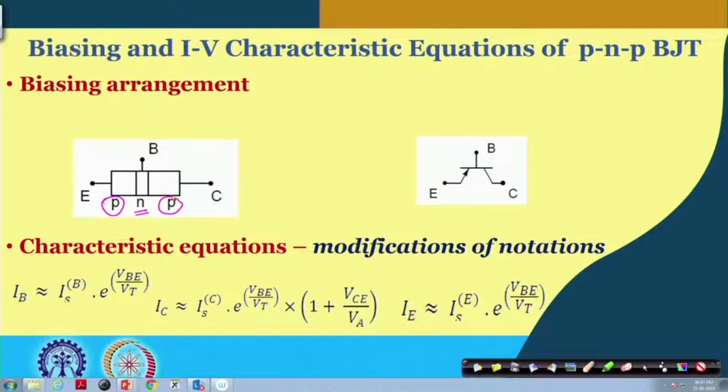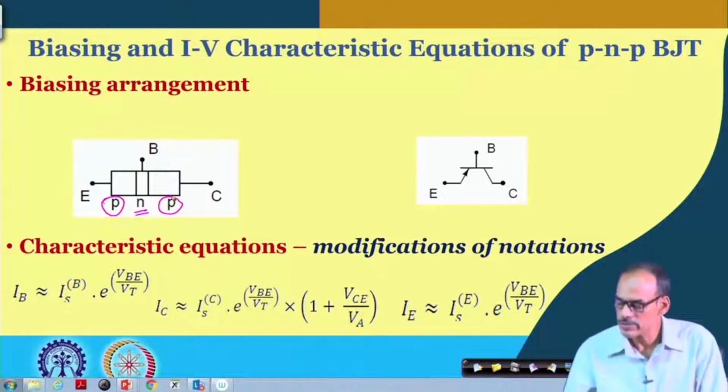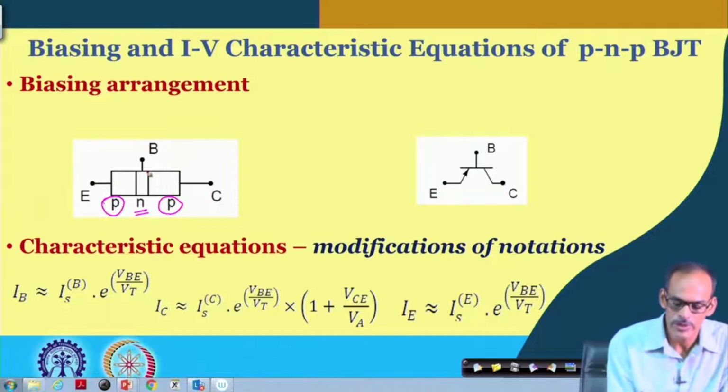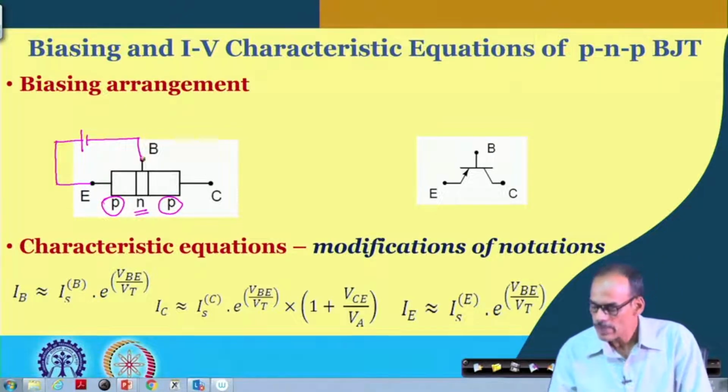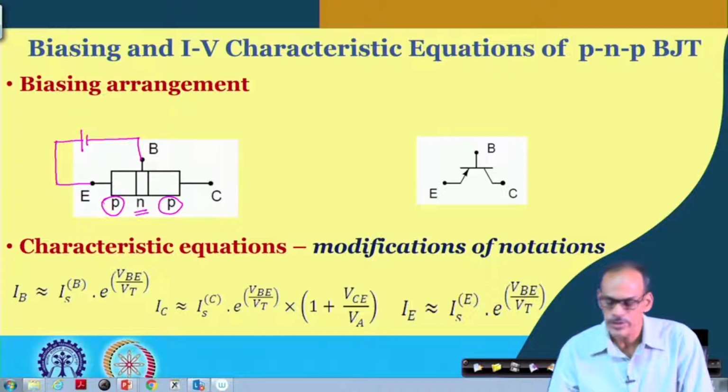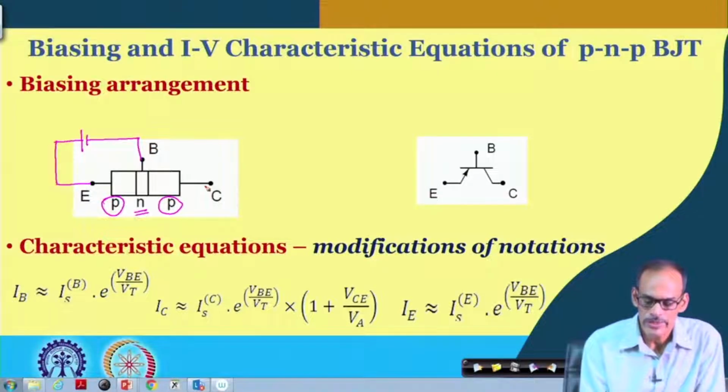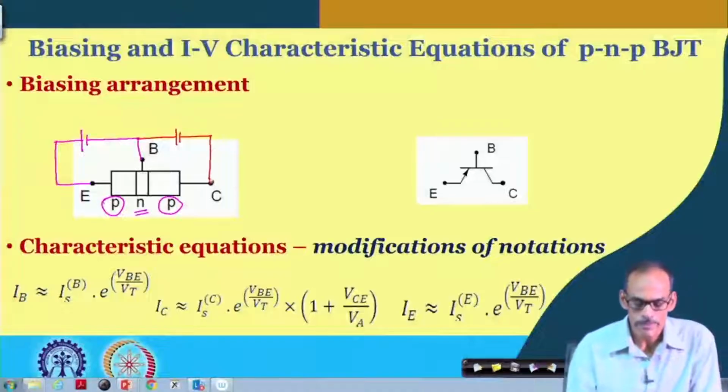So, we do have PNP, and here also to keep the device in the active region of operation, the base and emitter junction needs to be forward biased, which means that at the emitter now we are looking for higher voltage with respect to the base. On the other hand, the base to collector junction we like to keep in reverse bias. Namely, the base should be at higher potential with respect to the collector.